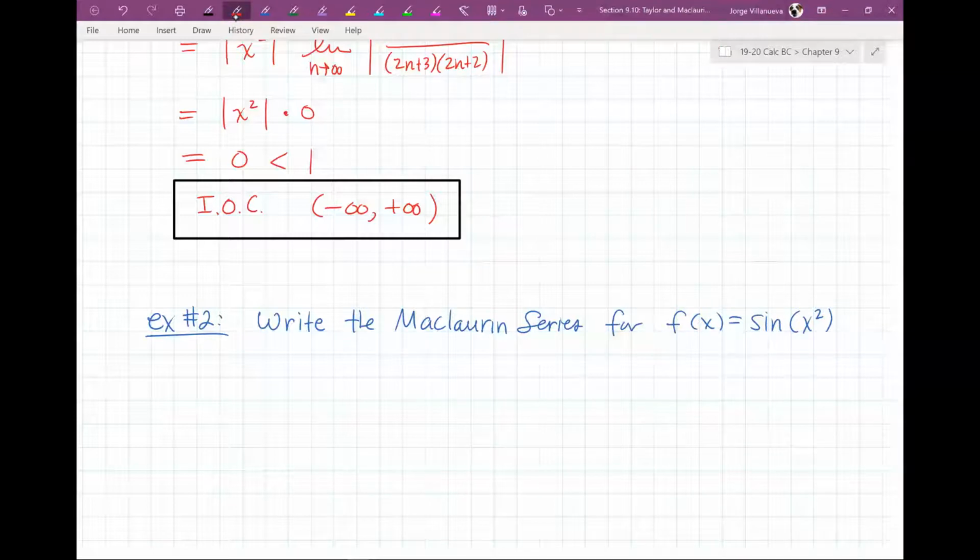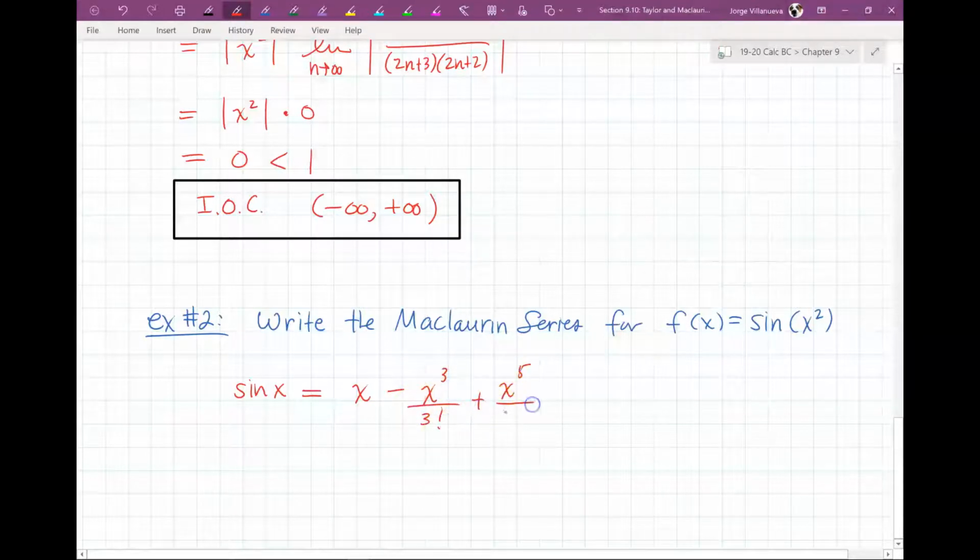Now, remember, you guys should already know sine of x, so let's do that. Sine of x, centered at 0, looks like this. X minus x cubed over 3 factorial plus x to the 5th over 5 factorial minus x to the 7th over 7 factorial plus etc. If all they want you to do is change it to sine of x squared, then all you have to do is plug in an x squared where there originally is an x.